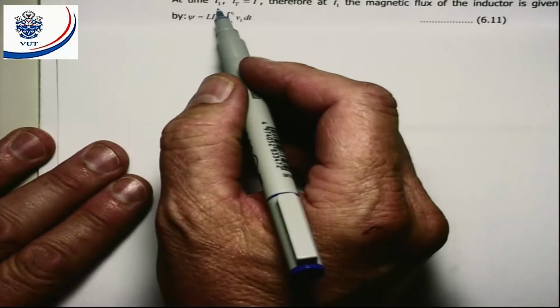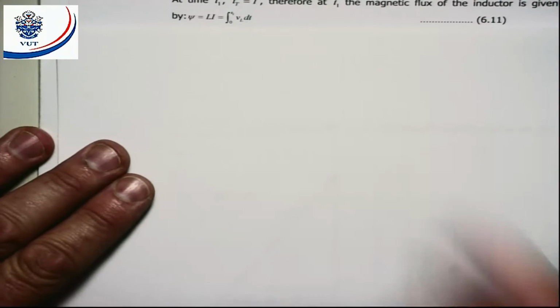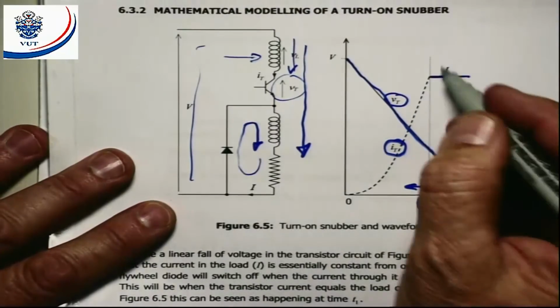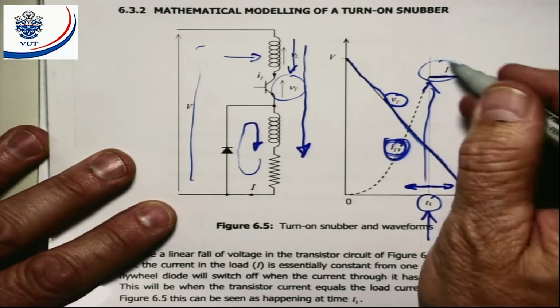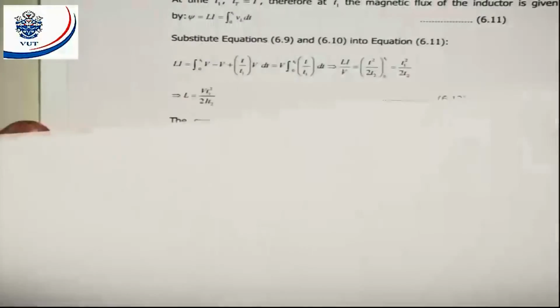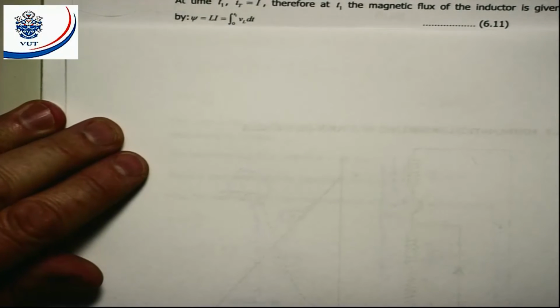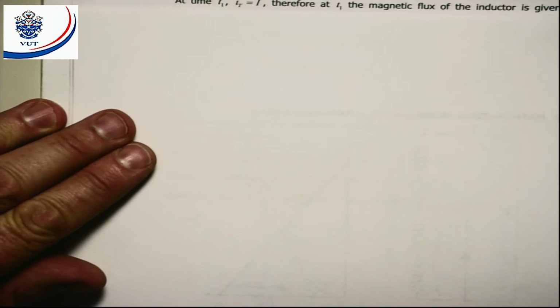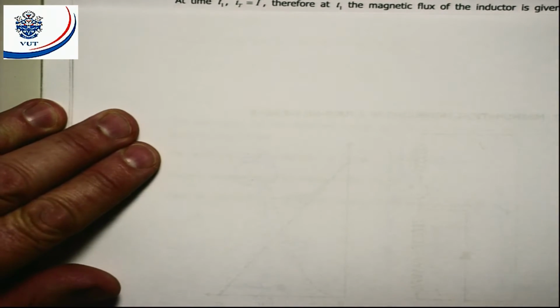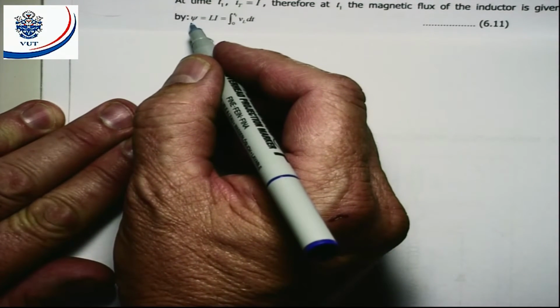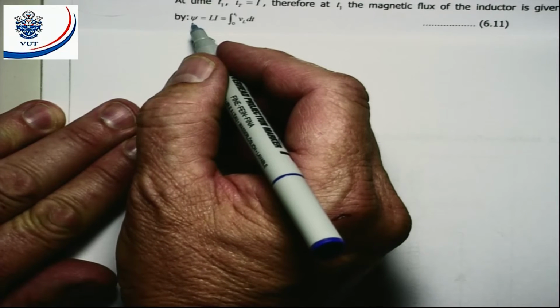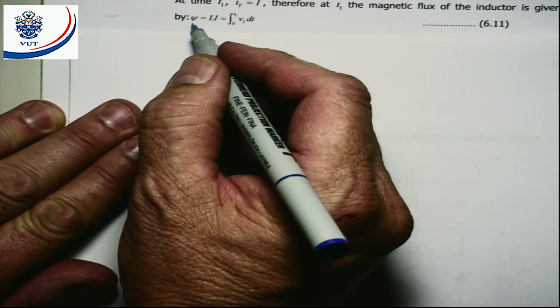At the time T1, It is equal to I. We are now up to that point there. At T1, we can determine the magnetic flux of the inductor, and that is given by, what is the Greek symbol here? Epsilon?